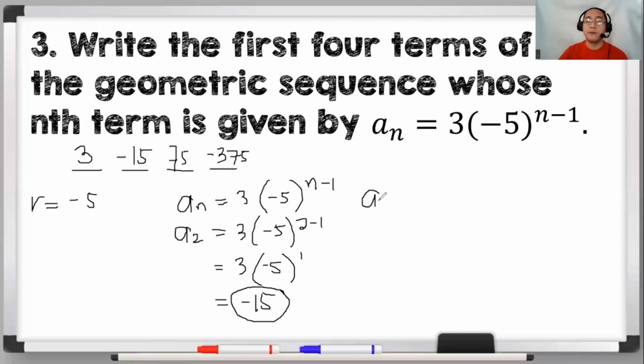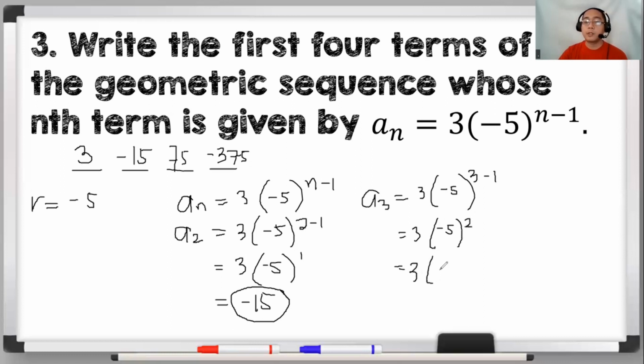How about for the third term? Let us try to solve if that is 75. All we need to do is replace n by 3. So 3 times negative 5, then raised to the power of 3 minus 1. So negative 5 raised to the power of 2.